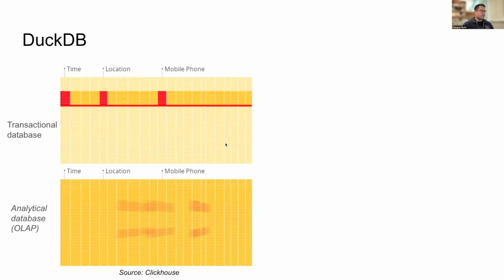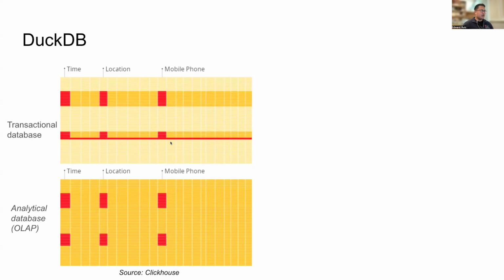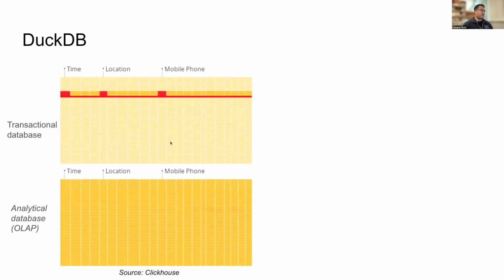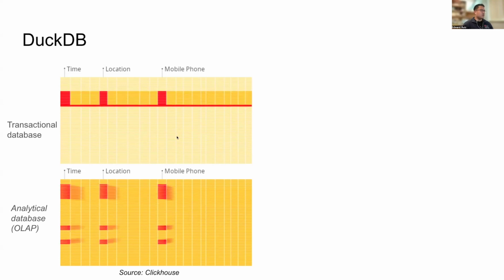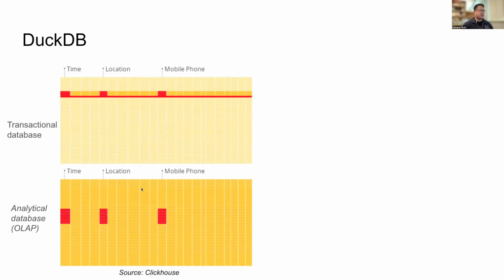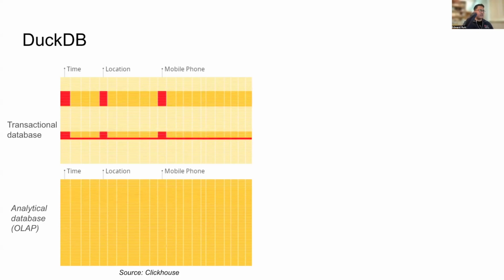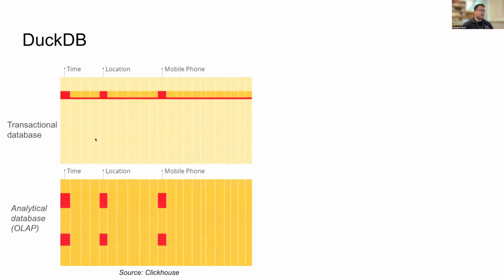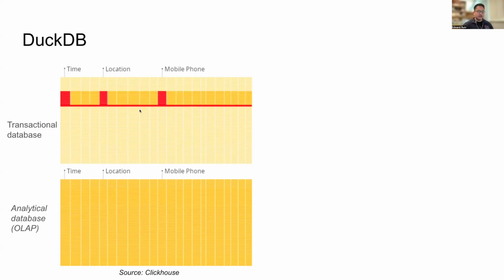But here's just a visual representation in my head of how DuckDB works in terms of its columnar format and why it's advantageous for our analytical workloads that often work on subsets of columns as opposed to entire groups of data, which is what I'm showing here.